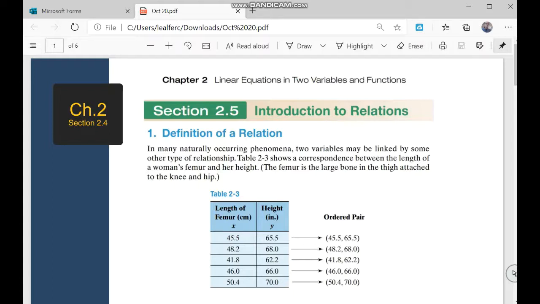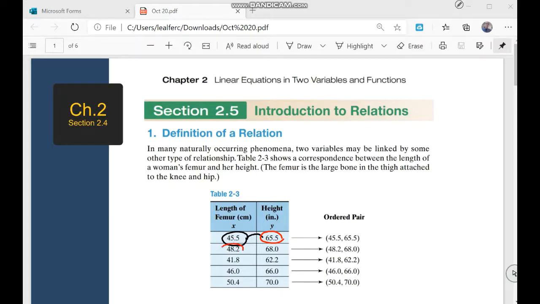A relation is something very, very simple. It is when you have a number, and this number has a relationship. You can establish this relationship, or this relationship can be natural. Like in this example here, about the femur, the length of one of the bones of your body, and your height. x is going to be the length of the bone, and y is going to be the height of the person.